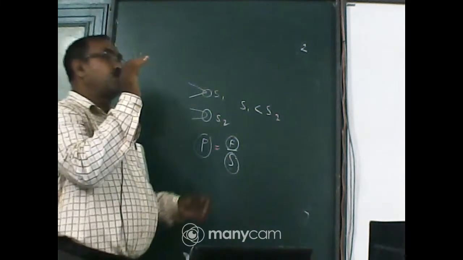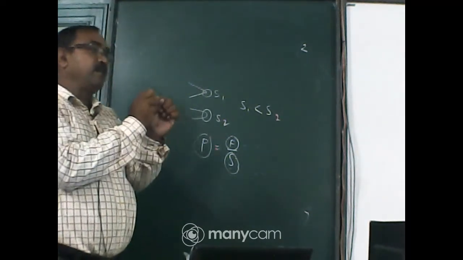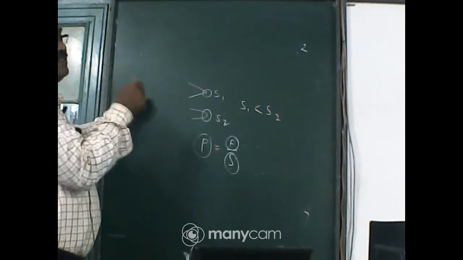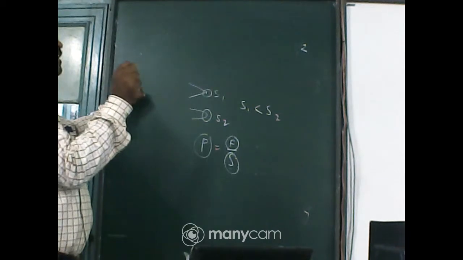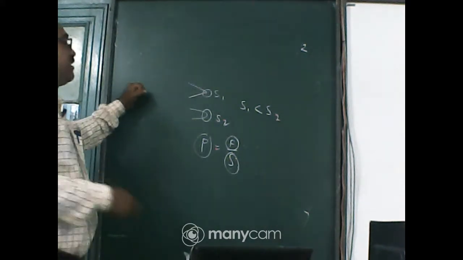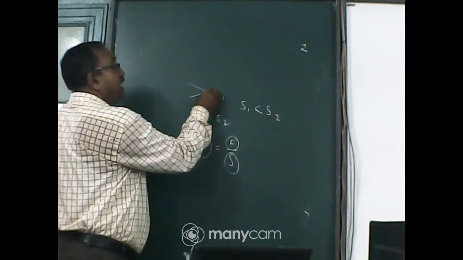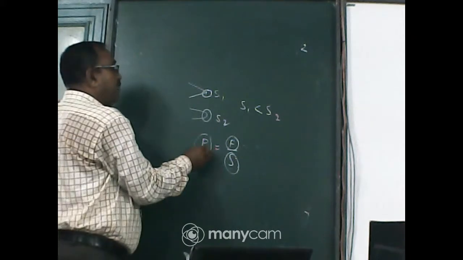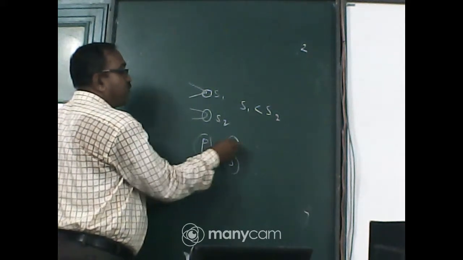So when you use the pin on the wall with the help of a hammer, if the edge of the pin is sharp, that time it will be easier than the blunt one. You know it, because the surface area is less. So the relation between the pressure, force and surface area: pressure equals force by area.